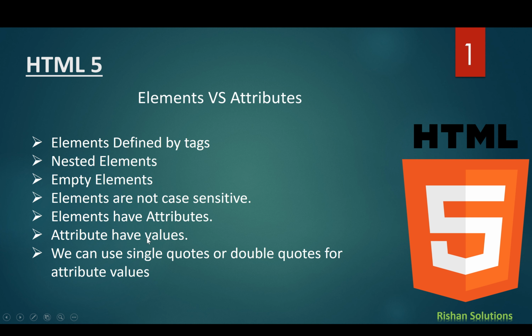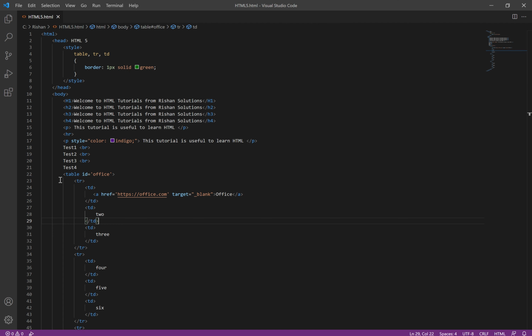Href has the value https office.com, and it is working. And we can use single quotes or double quotes for that, as we have seen in real time. That is the major difference between elements and attributes.